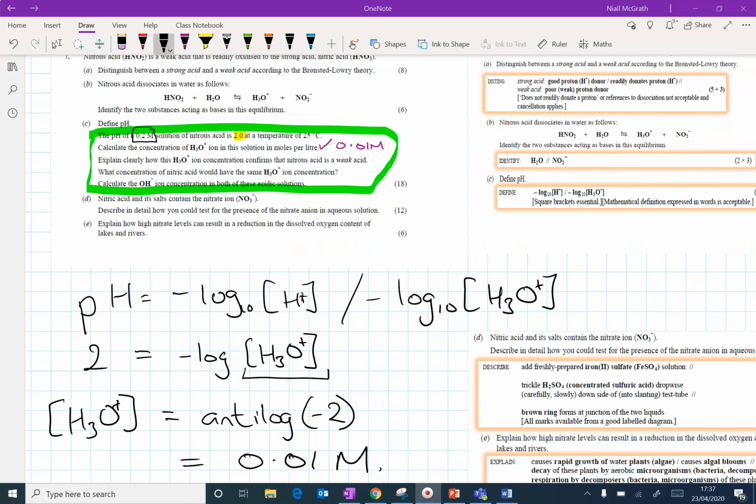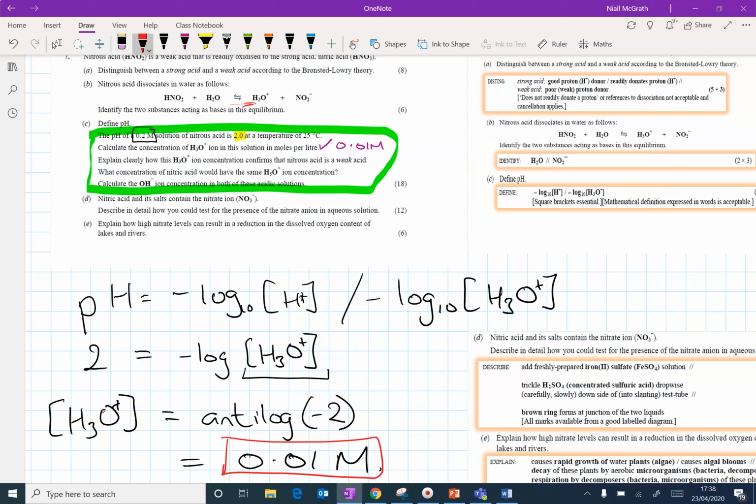If we look at another way of considering what's an acid and what is a base, a strong acid would completely dissociate in water, whereas a weak acid would only slightly dissociate in water. Our concentration of H3O plus in this solution is very low, 0.01 molar, so this dissociation hasn't completely happened, because we don't have a concentration of 0.2 molar of H3O plus.